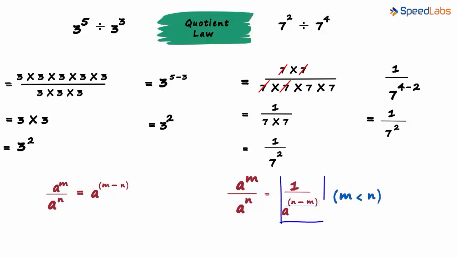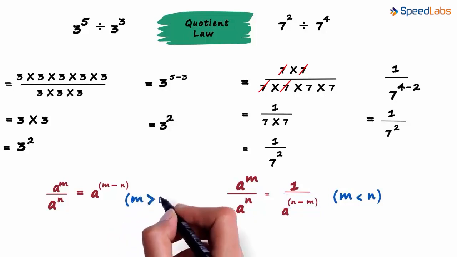One easy way to remember this is that no matter what, you will always get a positive exponent. In the second example, to get a positive exponent, we had to subtract 2 from 4, hence n minus m. For the earlier formula of quotient law, the condition says that m is greater than n.